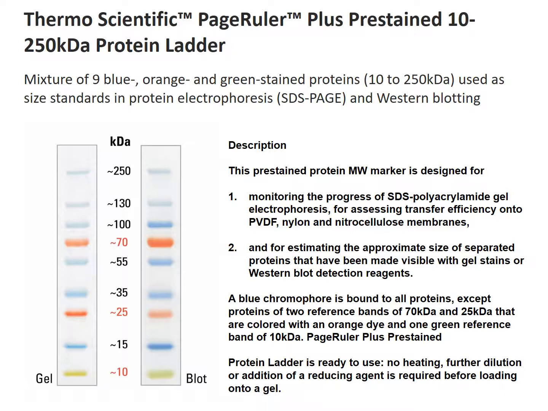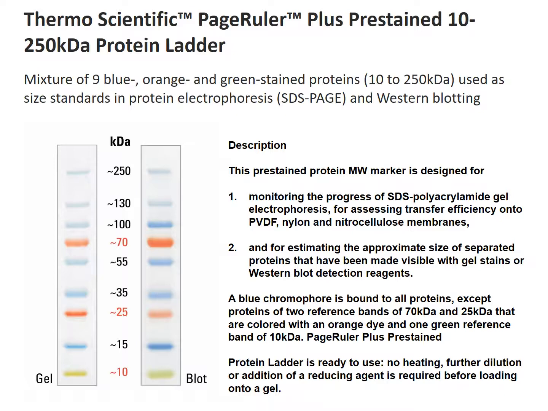So how do we know if the transfer is working? And remember, you had the primary, the secondary, you block it, and then you have an enzymatic reaction. Well, fortunately, companies, here's Thermo Scientific PageRuler Plus, they actually did a trademark, and it comes with proteins in a mix that you add to a well, and they're already pre-stained with chromatic chemicals.